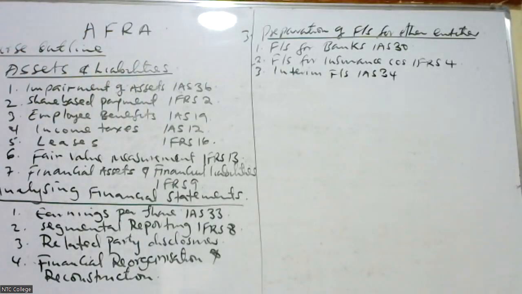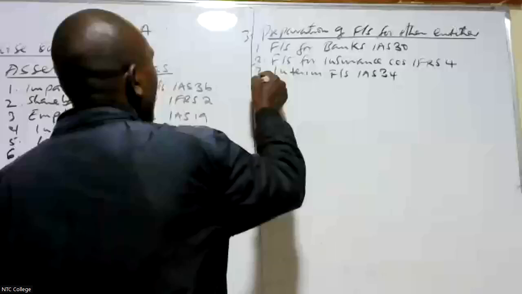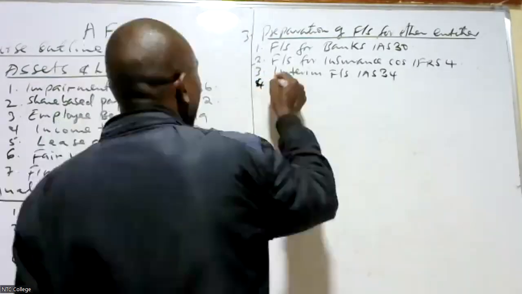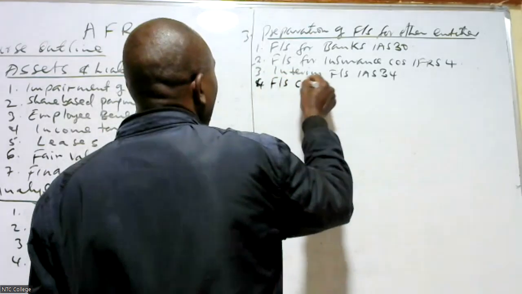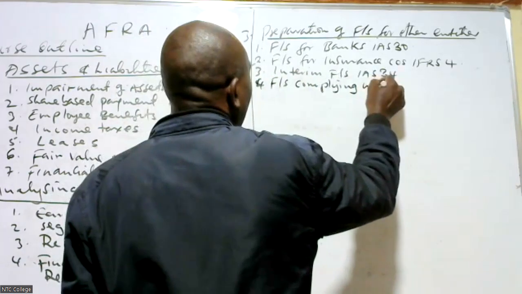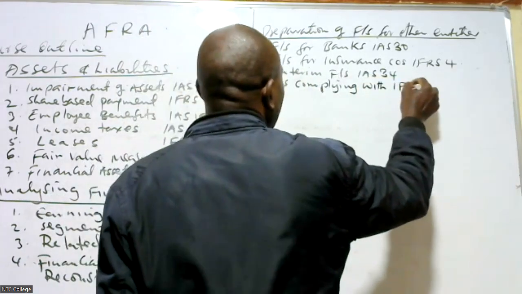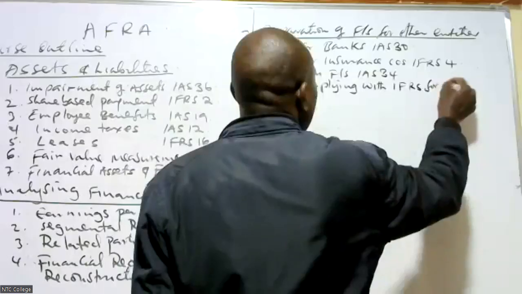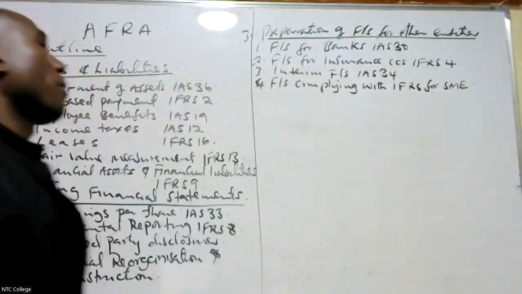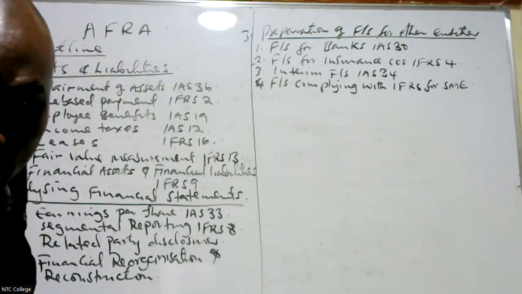Then number 4 is financial statements complying with IFRS for SME.